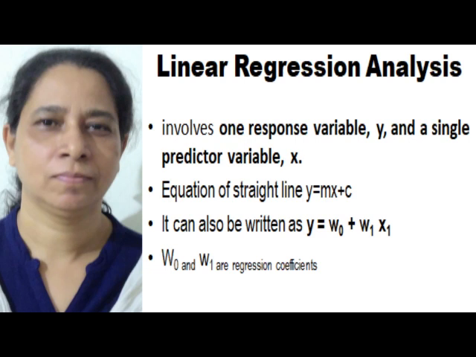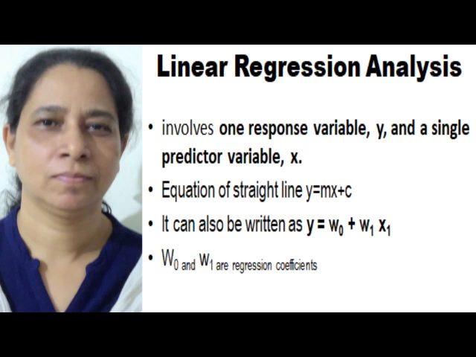In simple linear regression, the relationship between the response variable y and predictor variable x can be modeled by a straight line. Or simple linear regression problem can be thought of as estimating the formula for a straight line. Hence, it is also known as straight line regression analysis.